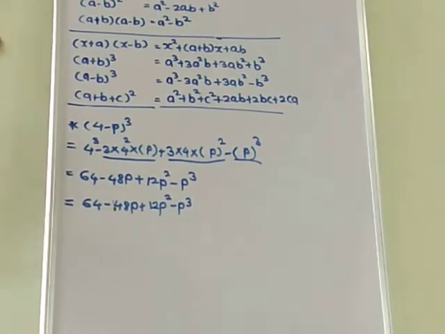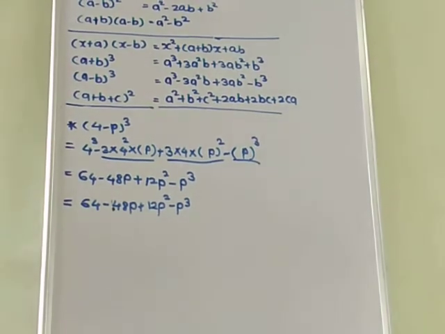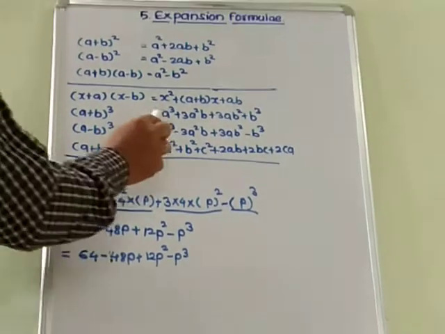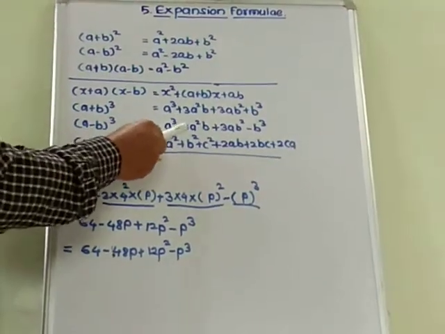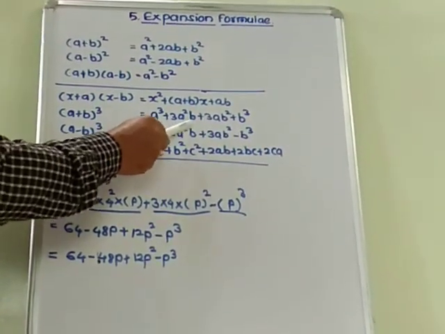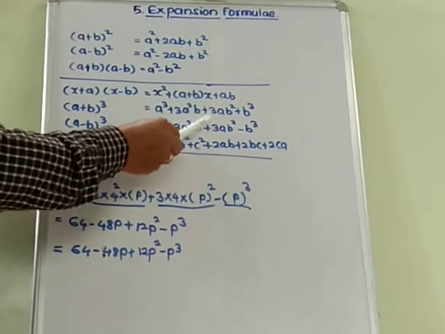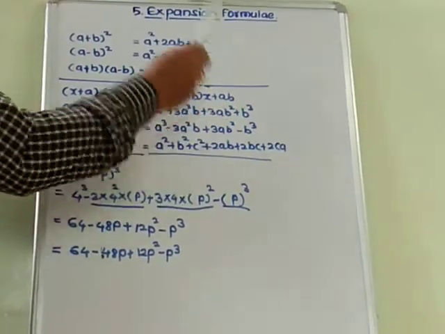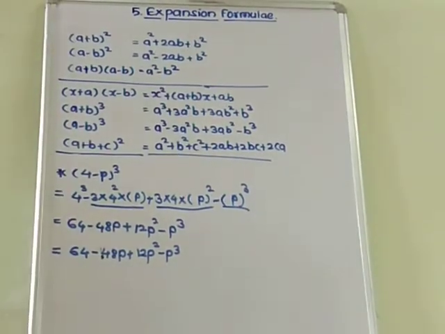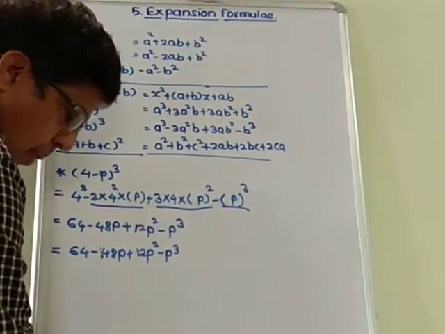This is the answer of the question. Okay, do you understand? Same process, no changes. First term cube minus 3 into first term square into second term plus 3 into first term into second term square minus second term cube. Using these, you can write down the problems.